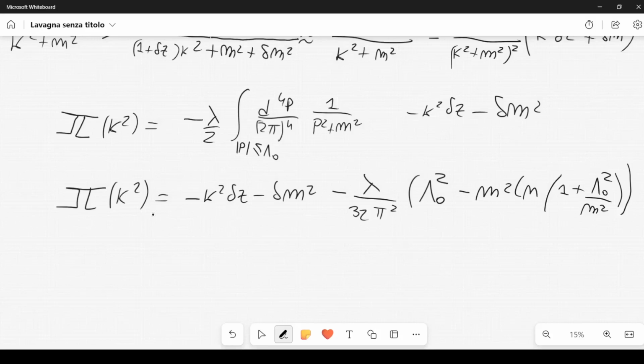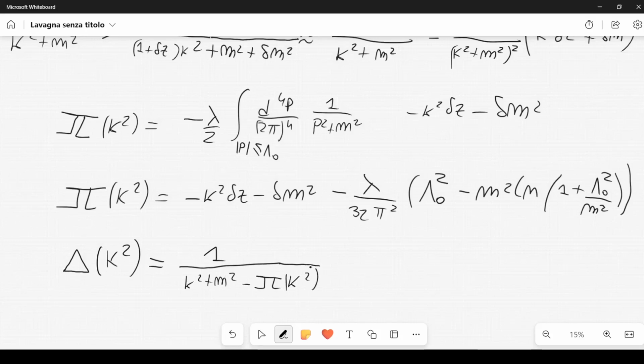Now, if you recall, we also had the propagator delta of k squared. This is the notation that we used the last time, and this was equal to 1 over k squared plus m squared minus capital pi of k squared. So this is the exact propagator.